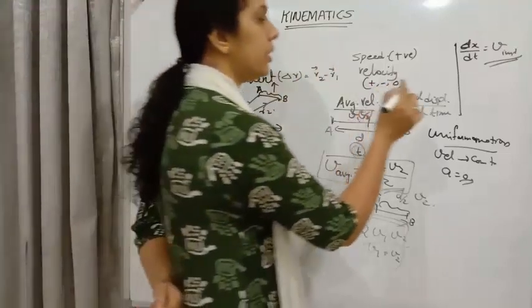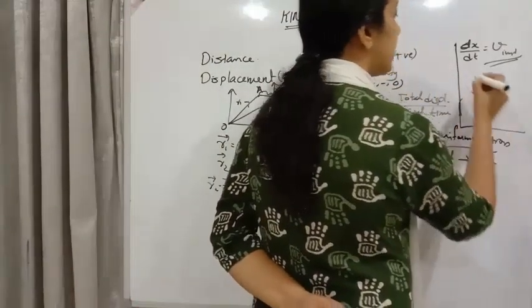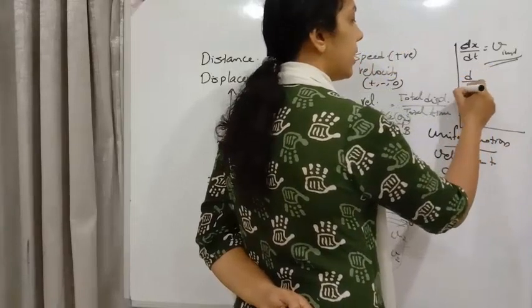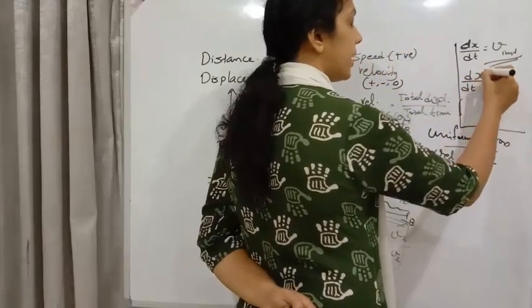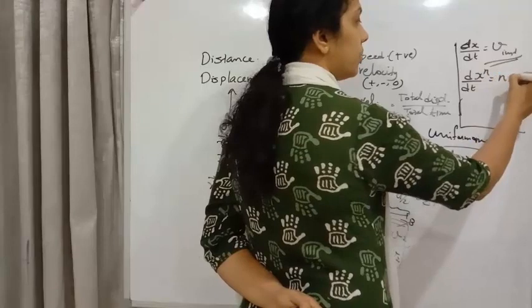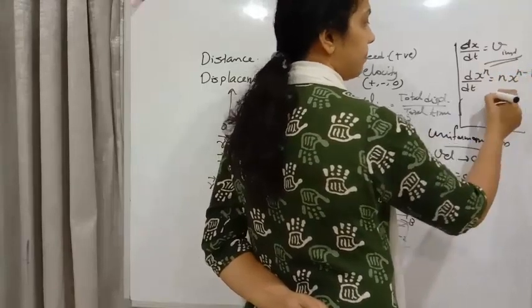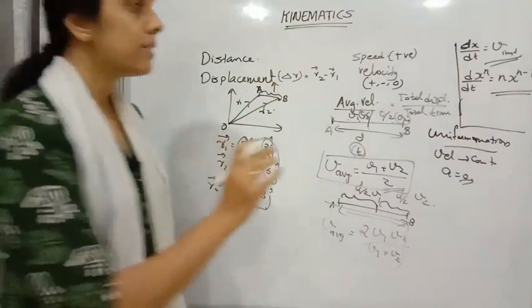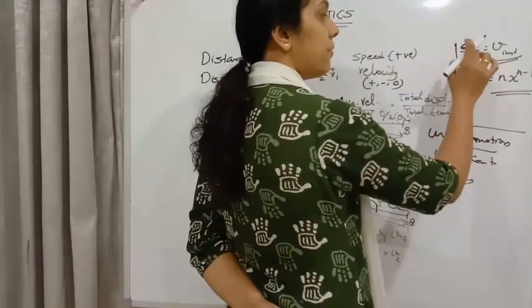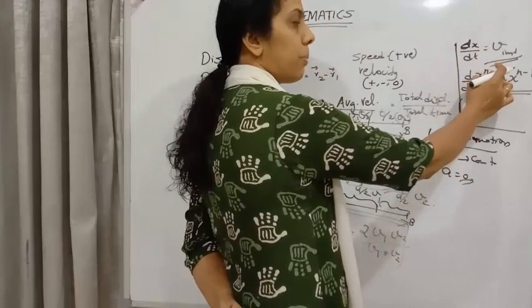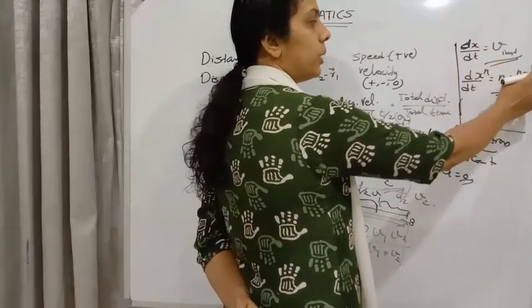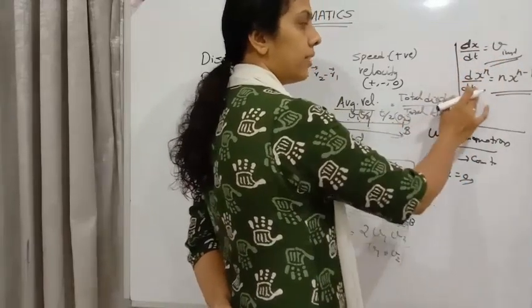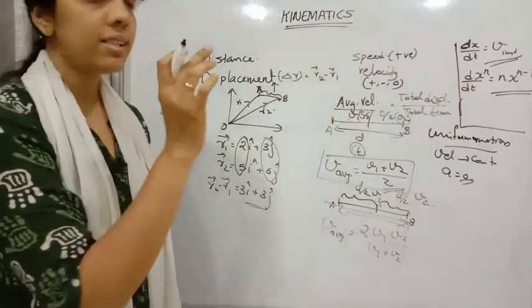For doing the numericals in physics, how can we find dx by dt? d by dt of x to the power n is equal to n into x to the power n minus 1. This is the formula for differentiation.